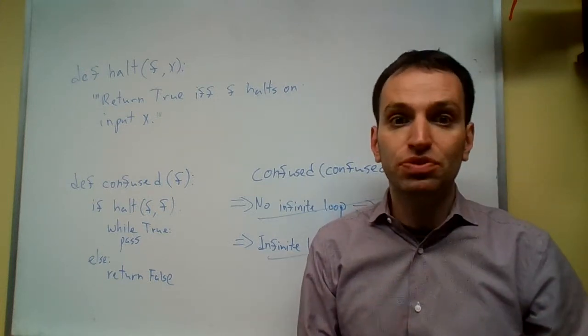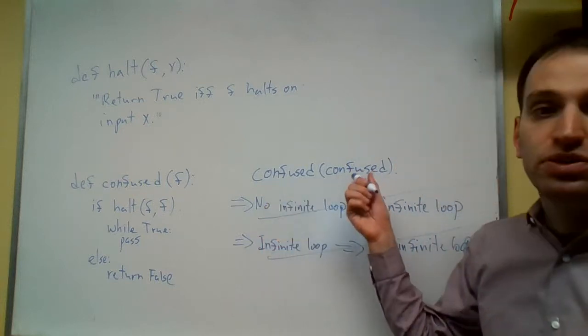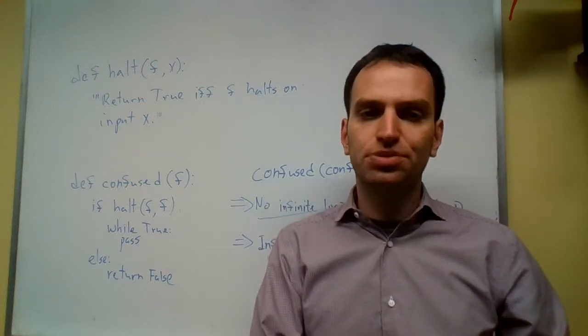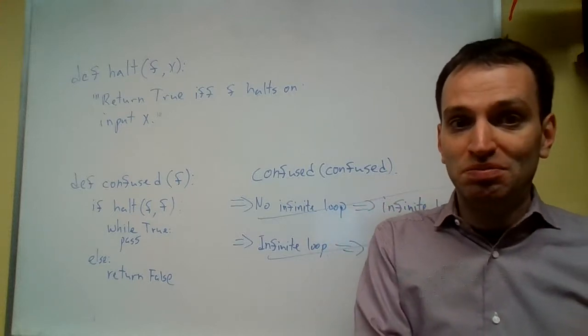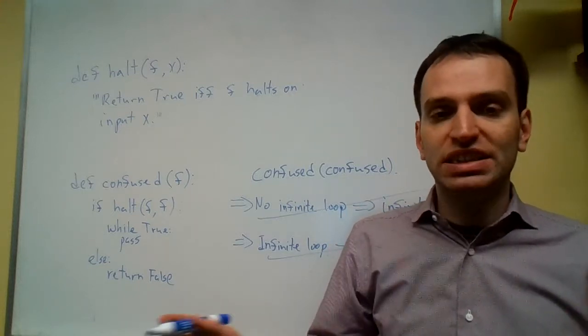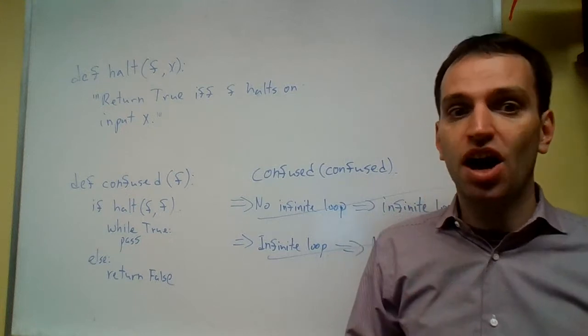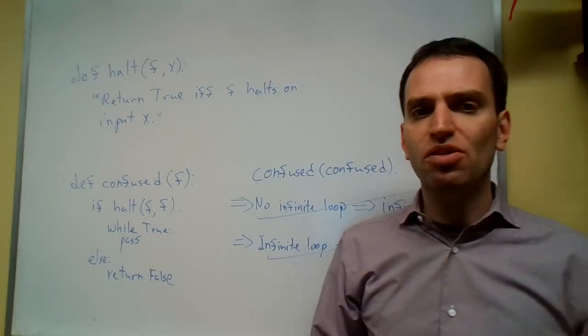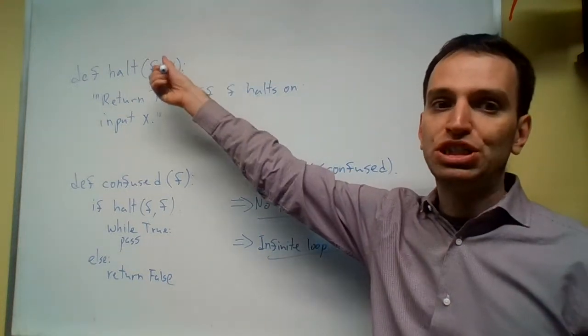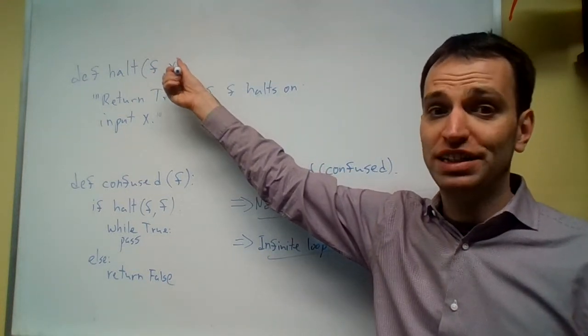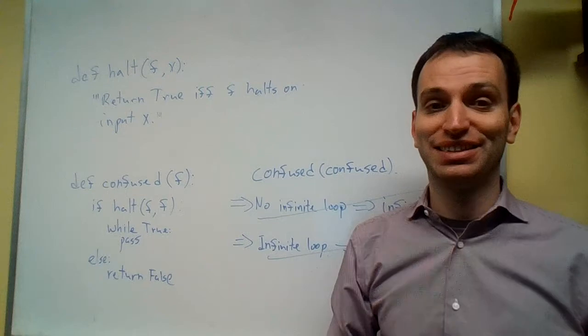So what we can deduce from that is that confused of confused neither produces an infinite loop, nor does it not produce an infinite loop. So that makes no sense, that cannot be, that's nonsense. How can it be that we got to this point? Well, the problem was that we assumed that halt actually exists. It does not.